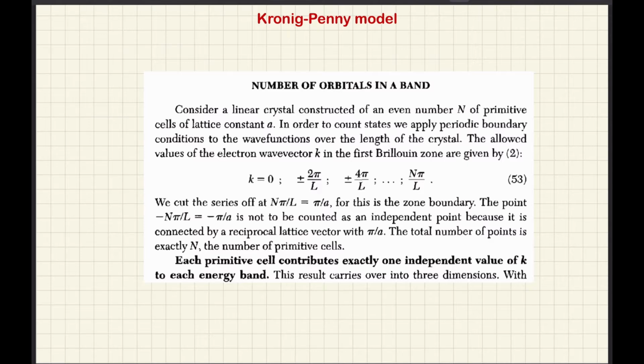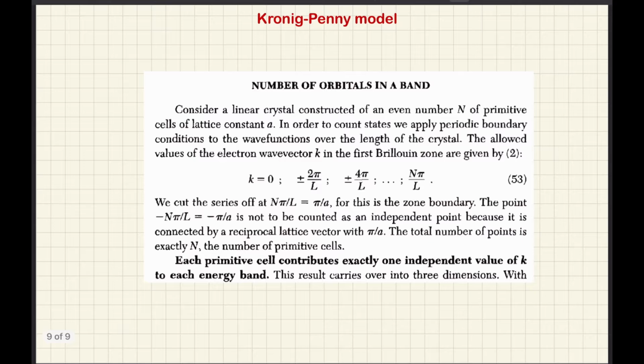Even though k can take this many values, in the first Brillouin zone we have some limitations. This series actually cuts off at nπ/L equal to π/a, because that is the boundary of the first Brillouin zone, plus or minus π/a.